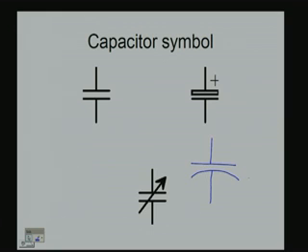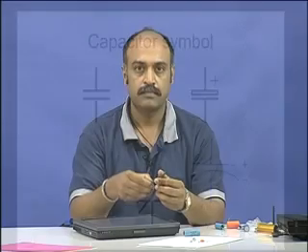This also sometimes is used for electrolytic capacitors, that is polarized capacitors, with the straight line plate indicating plus and positive with respect to the curved plate. This is also one of the symbols that you would be coming across more commonly.